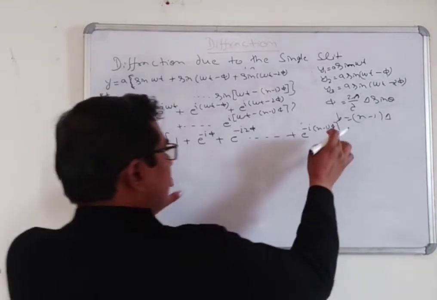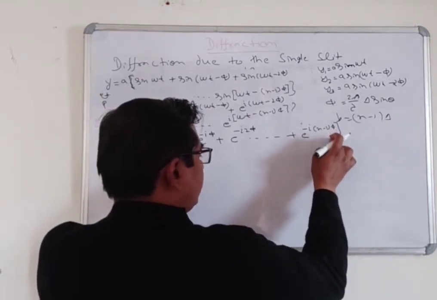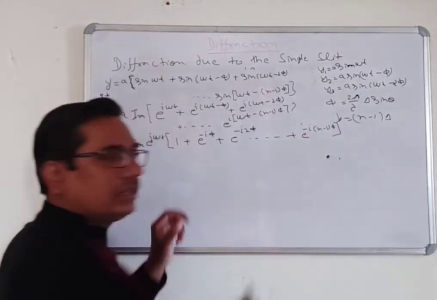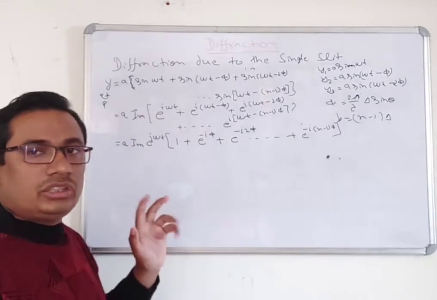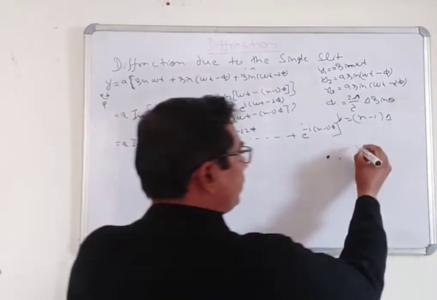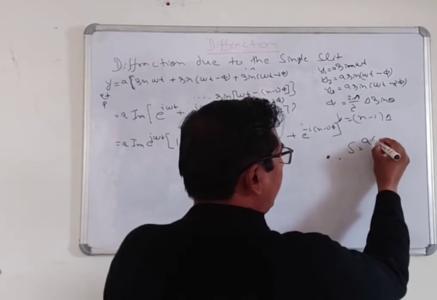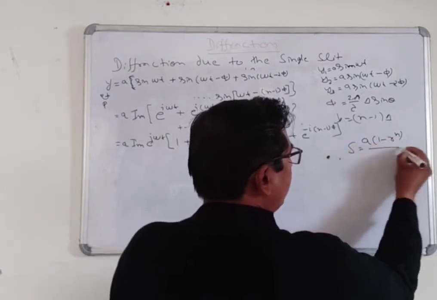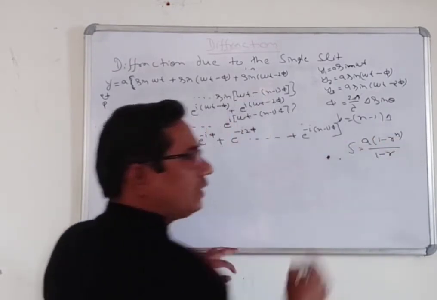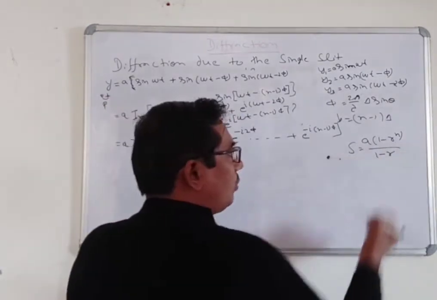You can see that this series behaves as a geometric series. All of you know that the sum of a geometric series is equal to a times 1 minus r to the power n divided by 1 minus r, where a is the first term and r is the common ratio.